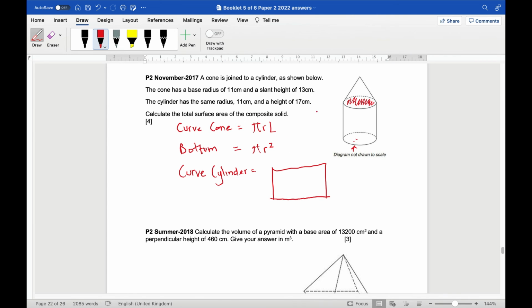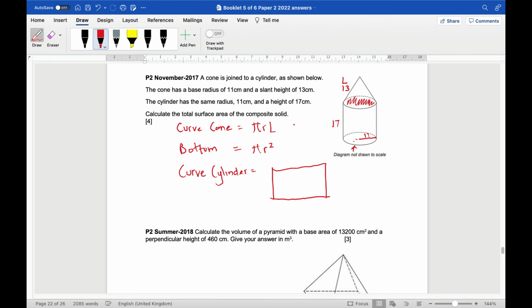The cone has a base radius of 11, that's nice, okay. It has a slant height of 13, that helps as well, the slant height, which is the one I want, which is L, okay. The cylinder has the same radius, 11, and has a height of 17, okay.